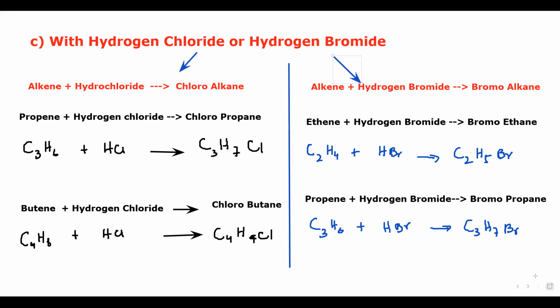So the last reaction of alkene, which you have to learn, and that is also used to identify the alkene, is the reaction with bromine, or we also call it the bromine test.